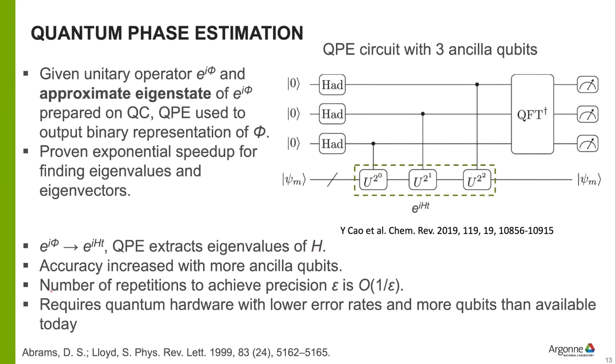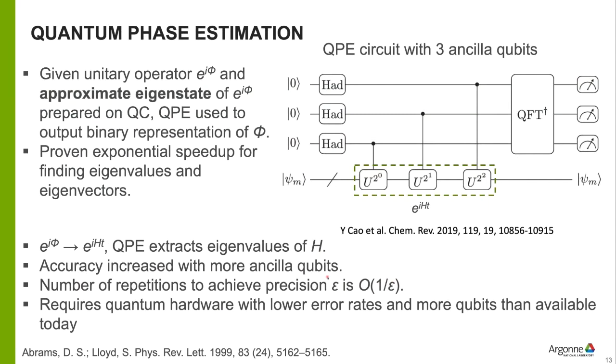And you have to repeat this process to achieve precision epsilon: the number of measurements is proportional to 1 over epsilon. So this is all great, and it's proven mathematically it will work.